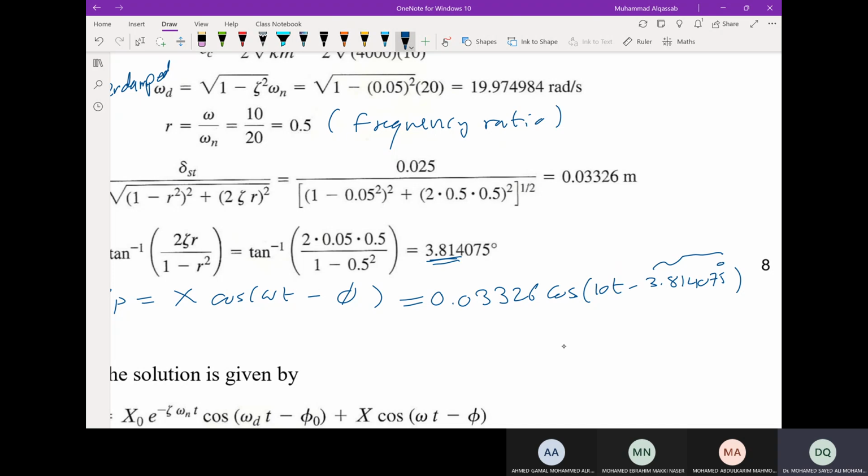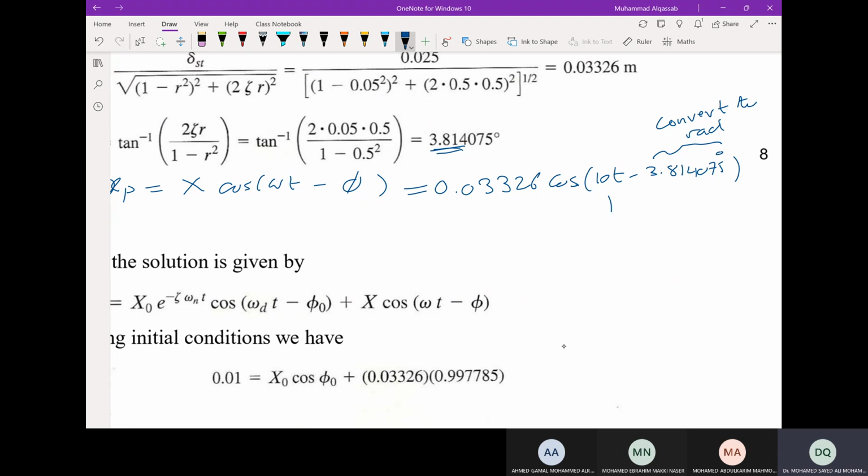This should be converted to radians. Okay, this is in radians and this is in degrees, so we cannot subtract them. We cannot add two things of different units. So we either convert to radians or convert to degrees.